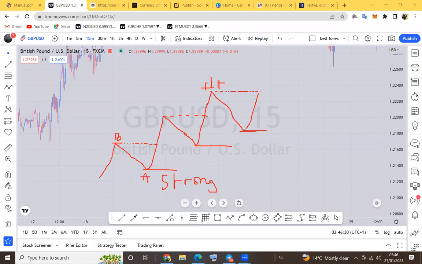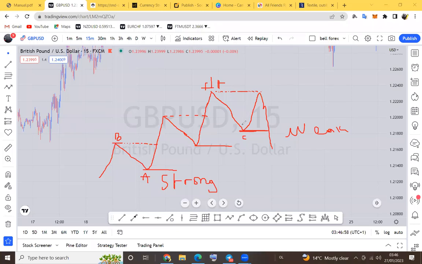You need to know that this point C or B down here, this structure, will become a weak structure because it did not have the capacity to break this high. And so this weak structure here can easily be broken because it did not do what? It did not break a structure. So you need to know the difference between a weak structure and a strong structure.